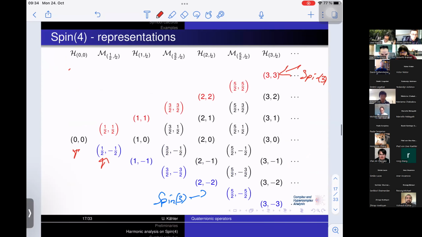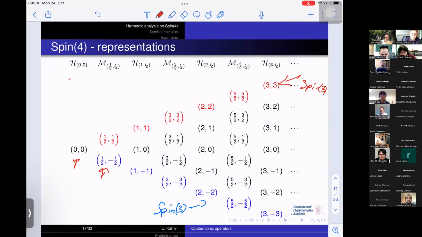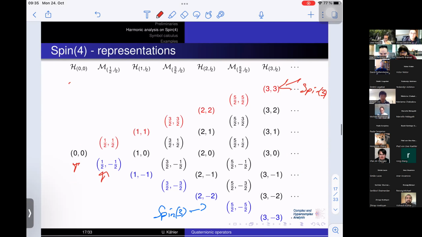While the other ones, the intermediate ones with the half integers, are monogenic polynomials. They are also simplicial and monogenic, so in the kernel of the Dirac operator. They also are harmonic, of course, but they are principally monogenic. They're also not scalar valued.